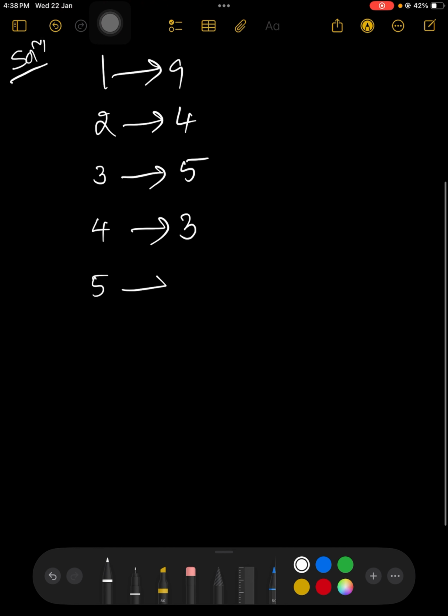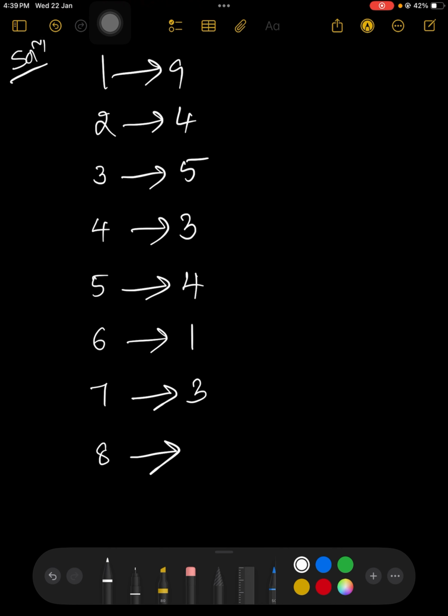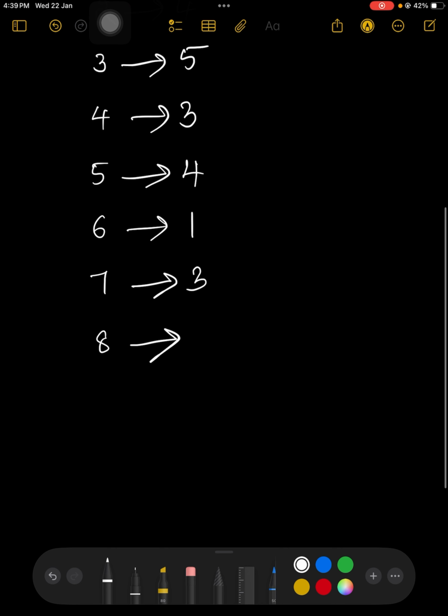In case of 5, 6, 7, 8, 9, 4. In case of 6, 7, 8 will not come, 9 will not come, 10 will not come, only 1. Now in case of 7, 8, 9, 10, yeah, 3. In case of 8, 9, yeah, only 1, 10 will not get. In case of 9, only one 10.